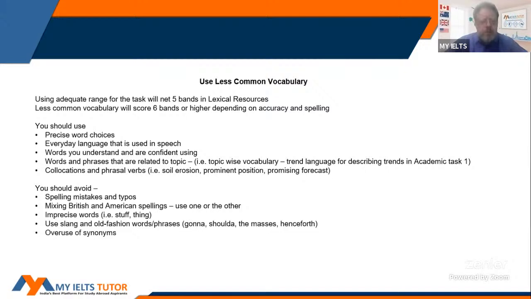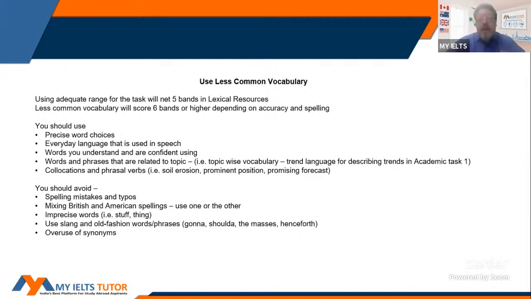And then you want to avoid overuse of synonyms. A lot of times in an essay, a student will mention, say, a noun, and then use a synonym throughout the entire essay. You don't want to overuse synonyms. If you can, mention it once or twice in each paragraph.